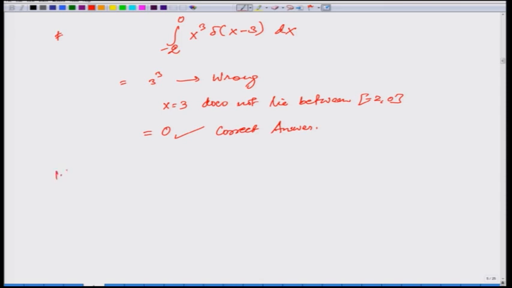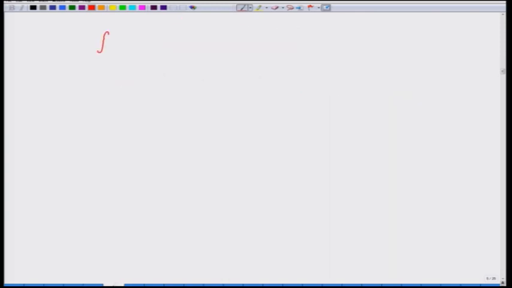Question number 1.45, the question is, show that x d by dx of delta x is minus delta x. So we are supposed to find this integral. How will you do it? Simple. Just evaluate the integral from minus infinity to plus infinity of f of x times x d by dx of delta x dx.